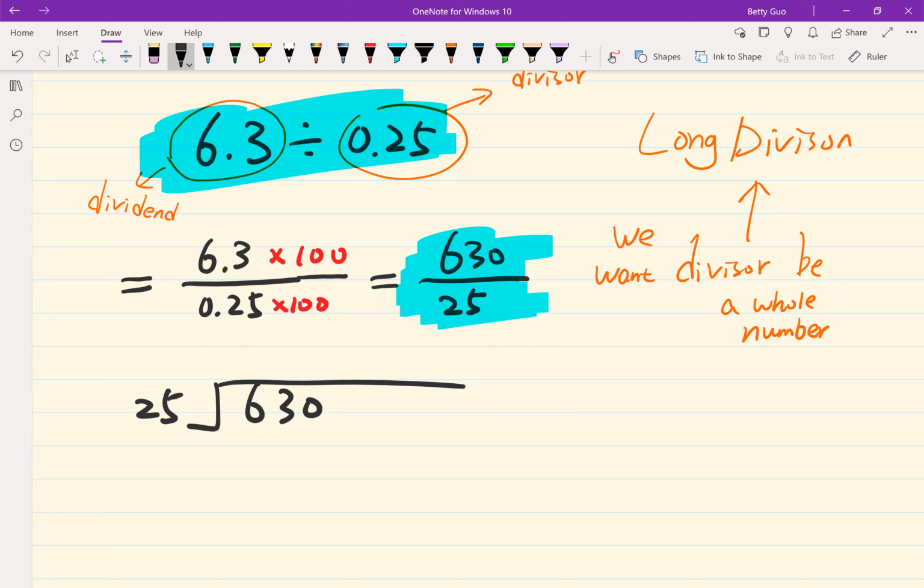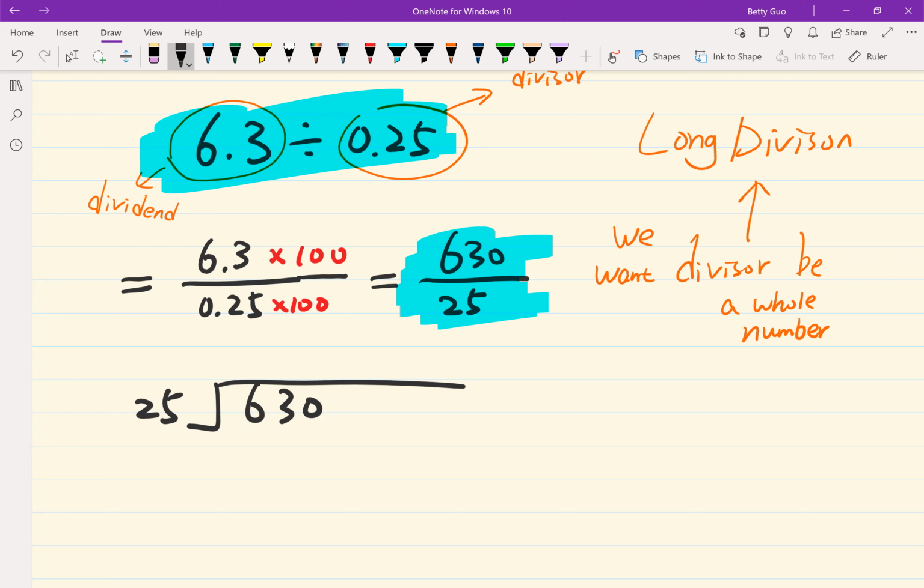Could the 25 go into 6? It's too small, right? Then we want to look at the first two digits, 63.